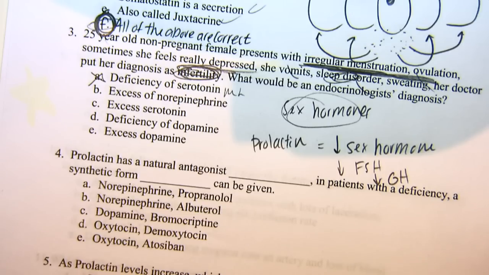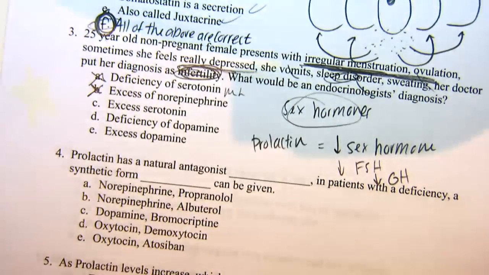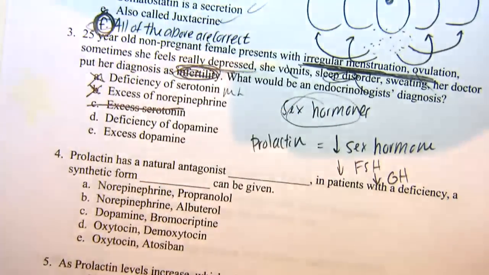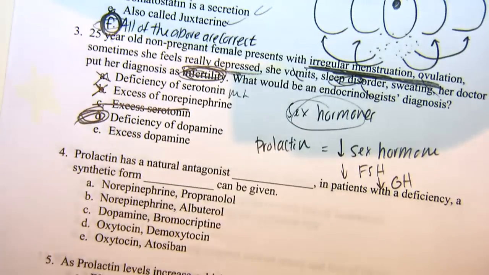So we increase heart rate, increased contractility. She would show signs of increased heart rate, a lot of sweating, malnutrition, because with norepinephrine we decrease gastric hormone secretion, stuff of that nature. So no. Excess serotonin, no. Deficiency of dopamine, yep. And then excess dopamine, no.